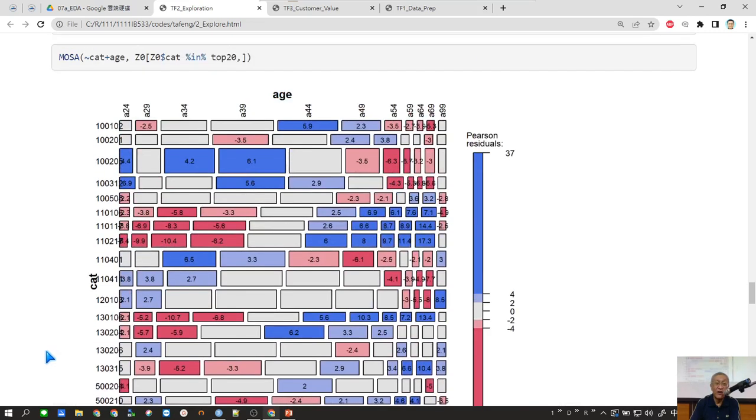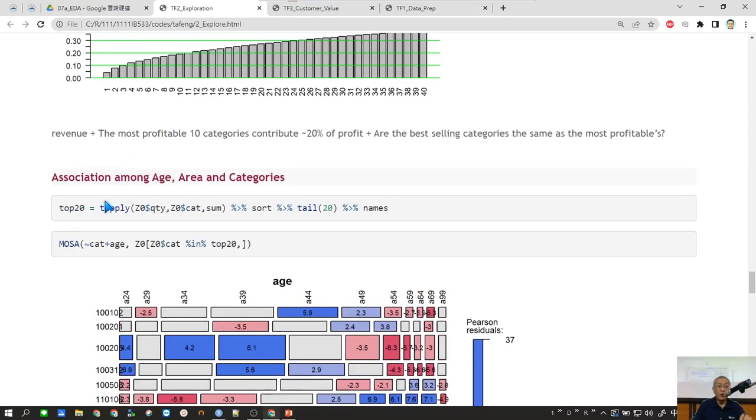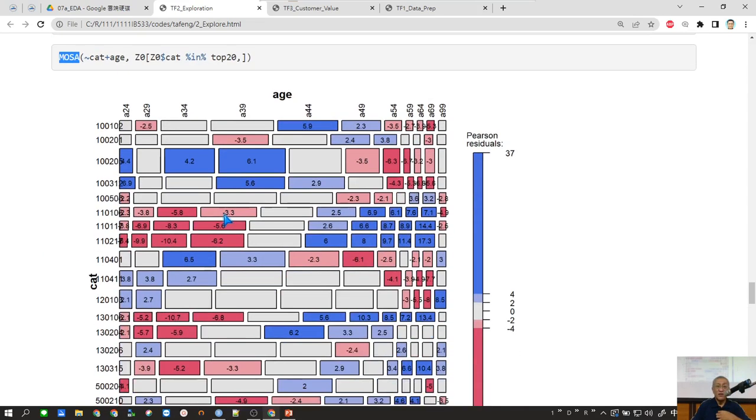For better continuity, let's go to see this one. See, I already wrote a function for you, right? So for some reason, if I want to see, this is the product category, right? And this is the age group, right? So for each product category, for example this product category, A44, you can see the preference of age group and product category, isn't it?